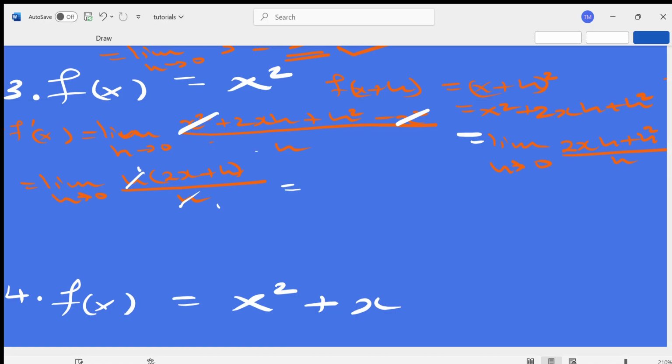Then the limit as h goes to 0 of 2x plus h, and then you simply substitute h with 0 because h is going to 0. Which means we now have 2x plus 0, which is simply 2x. The differential of x squared is simply 2x, even by the power rule.